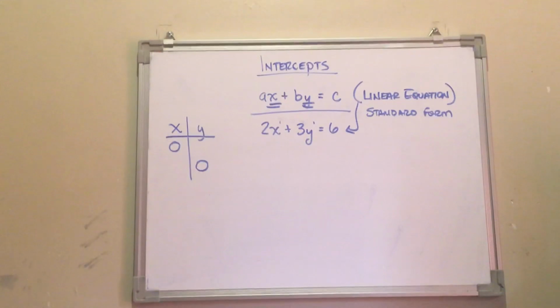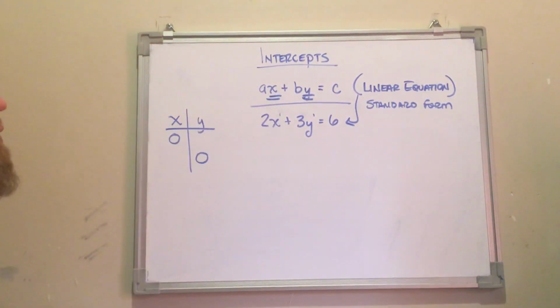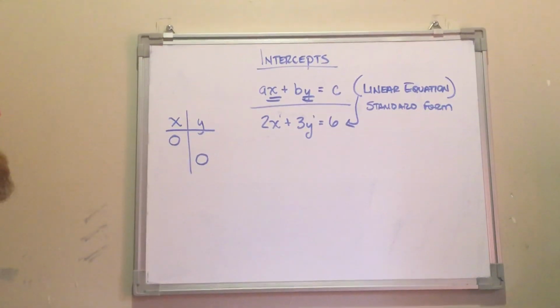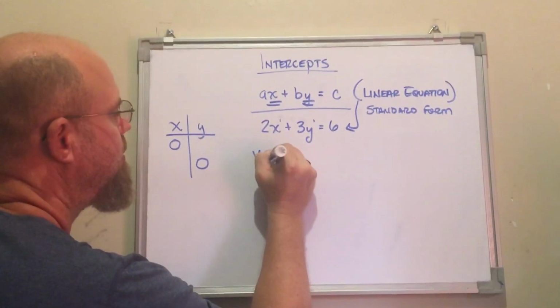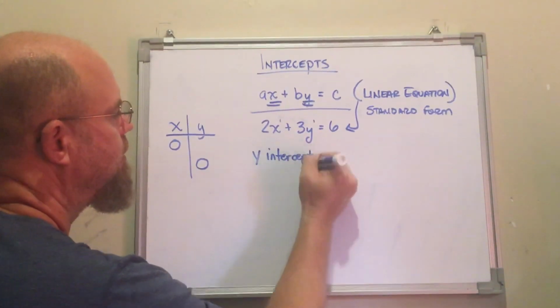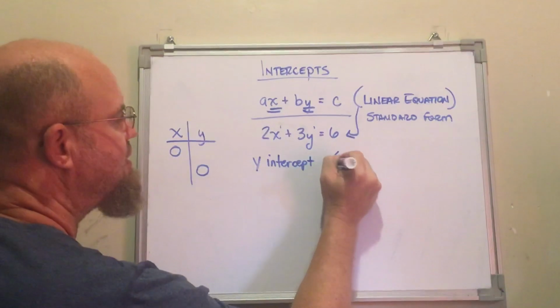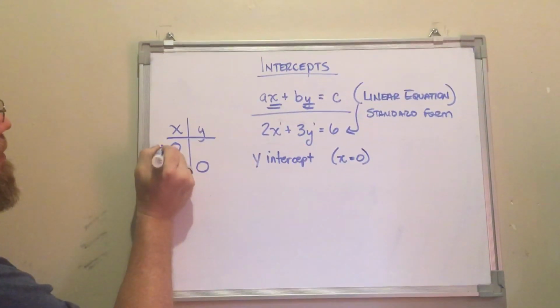So we just plug these values of 0 into our linear equation to find our intercept points. To find the y-intercept, x has to equal 0.